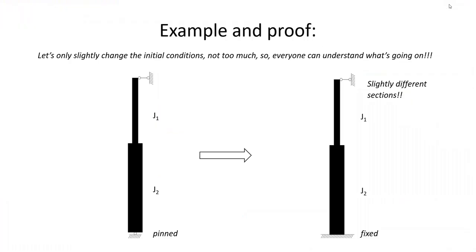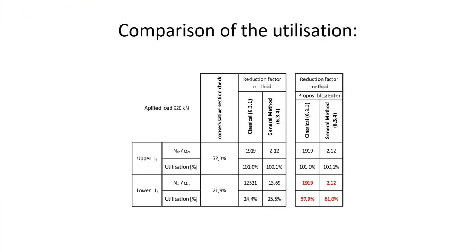Okay, so now I've made some comparison of the utilization. Here we have the reduction factor method, with the upper column and lower column, and now we have the classical approach where I have 1919 critical load and for the lower part of the column 12,521, and here is 100 utilization, here is 24.4.